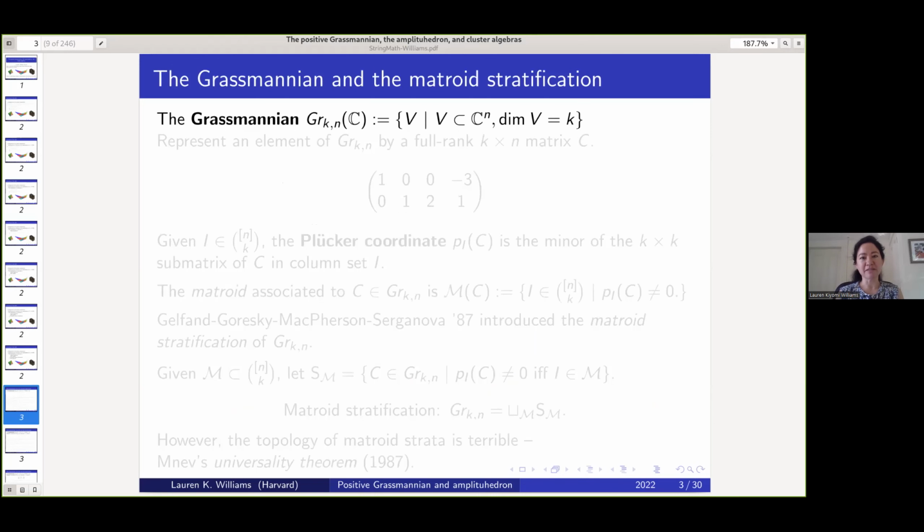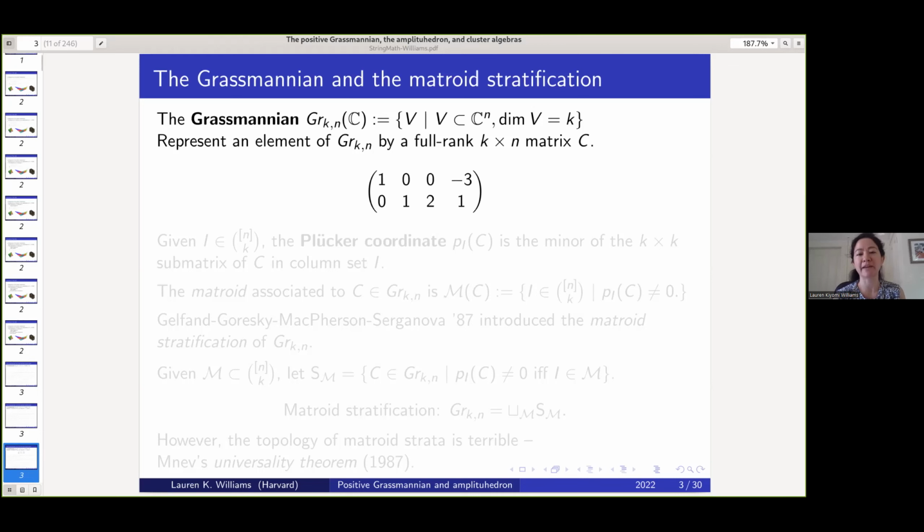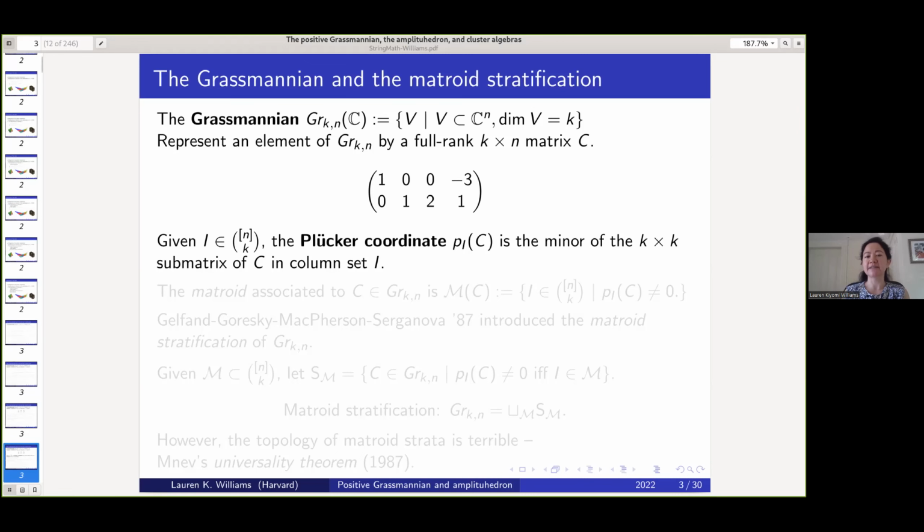Now some background on the Grassmannian and the matroid stratification. The Grassmannian Gr(k,n) is the set of all k-dimensional subspaces of an n-dimensional vector space. We like to represent elements of the Grassmannian by full rank matrices whose row span is the k-plane that we're talking about. Let me remind you of the notation for Plücker coordinates.